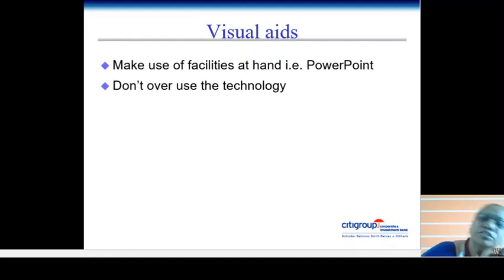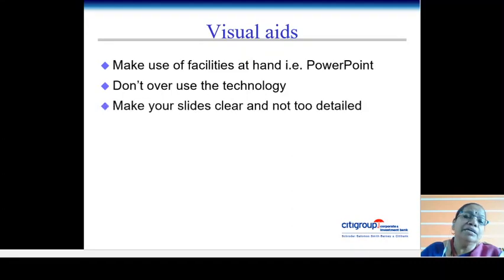Don't overuse the technology. Though you are techno savvy and techno friendly, the audience in front of you may be less techno savvy.